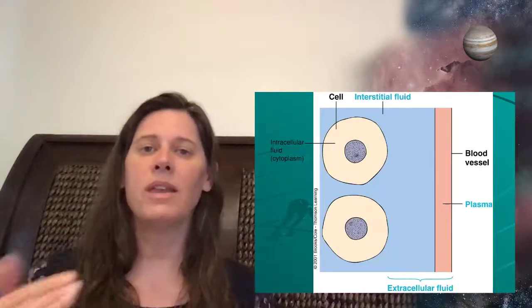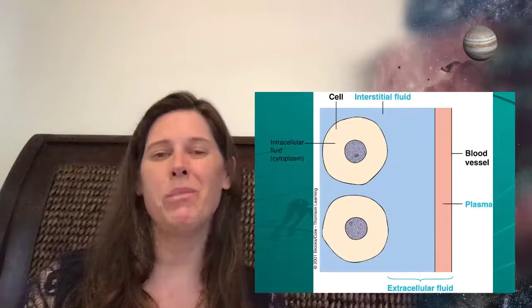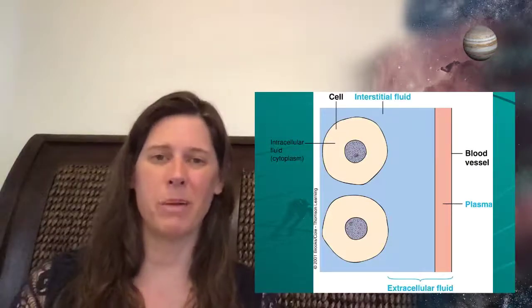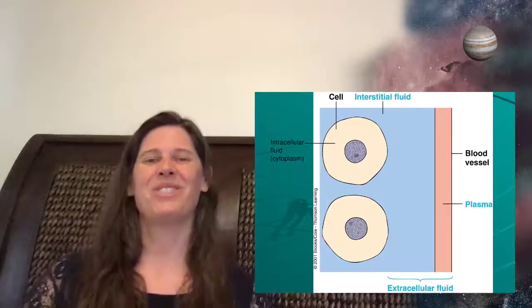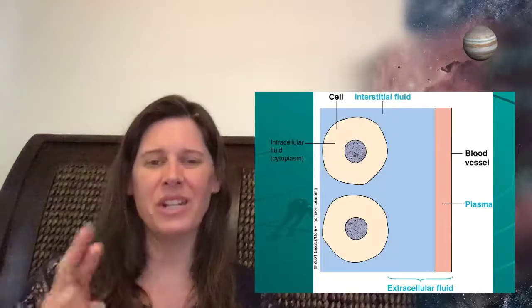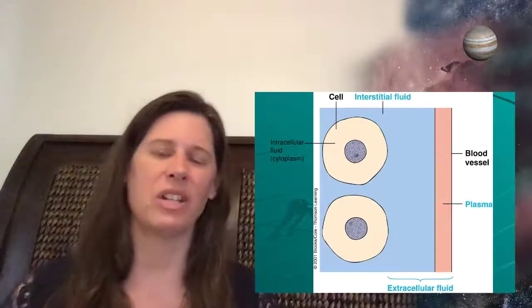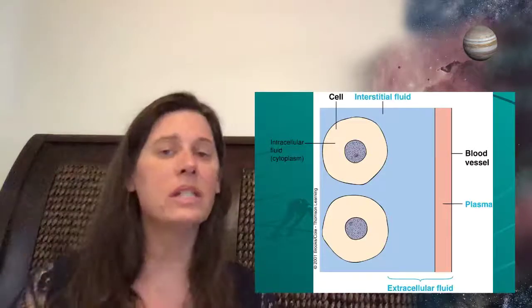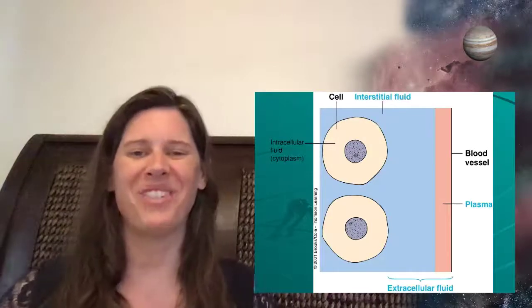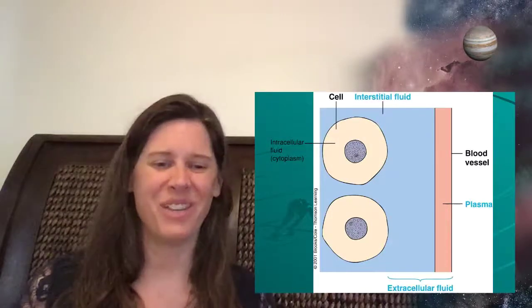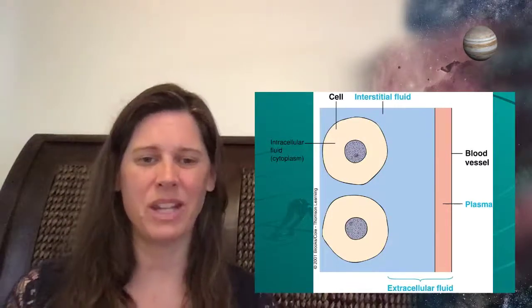Okay. So if we say ECF, it technically can mean plasma, but we're probably not talking about plasma because we'll say plasma when we mean it. Okay, but you'll see interstitial fluid and ECF being used interchangeably a lot. So those are the little details you've got to keep straight in your mind because you can get caught up on that stuff as you're learning physiology. Okay, so you want to pay attention to that.